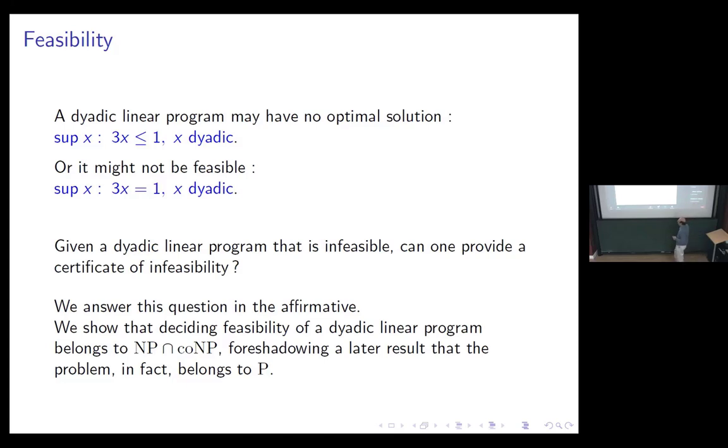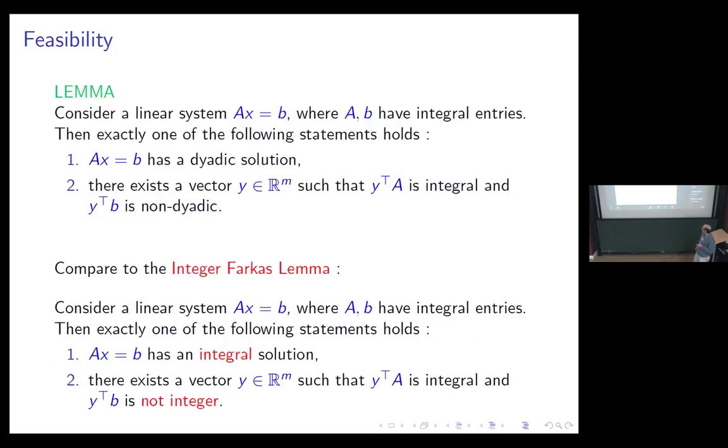As a result, we show that dyadic linear programming is in NP intersection co-NP through these certificates. But in fact, we're going to show that it's in P. It's polynomial-time solvable.